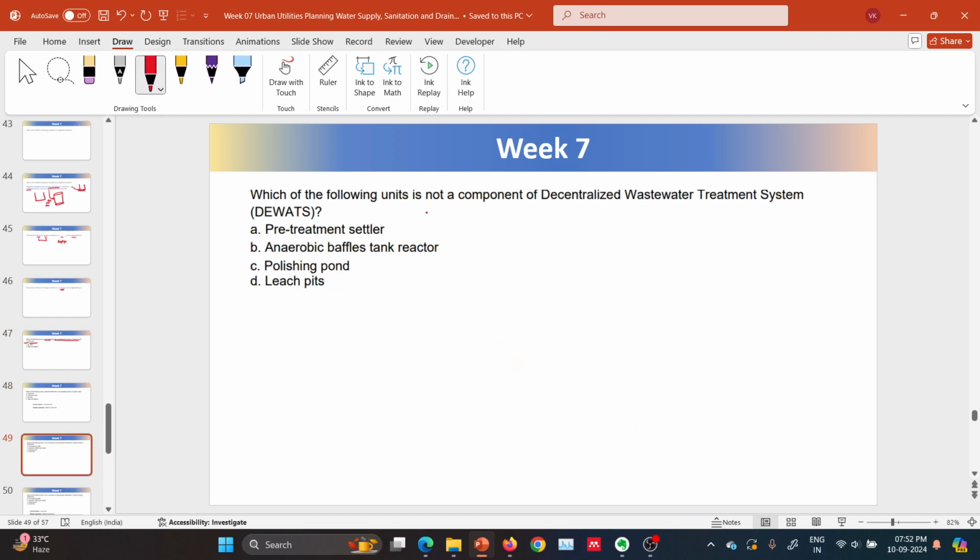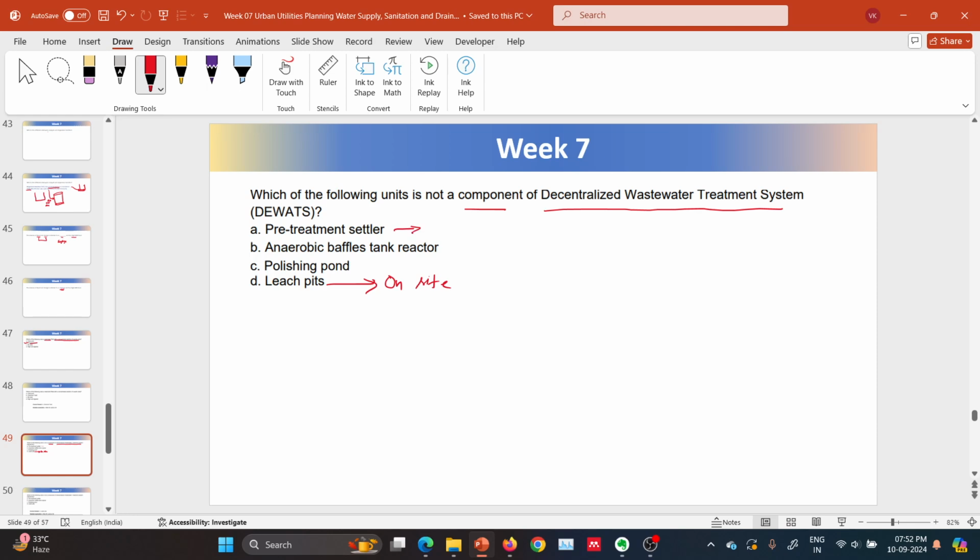Which of the following units is not a component of decentralized wastewater treatment system? Leach pit is a part of on-site sanitation system.